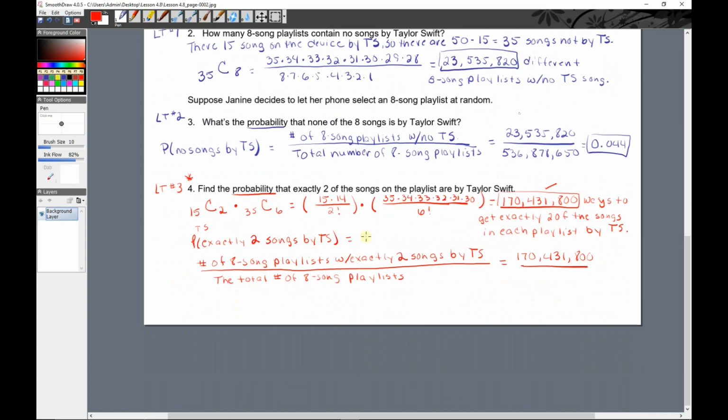So the denominator will be 536,878,650. And when you get all through with that, you get 0.137, a little less than 14%. So there is a 0.137 probability that a randomly selected playlist will have 2 songs by Taylor Swift.